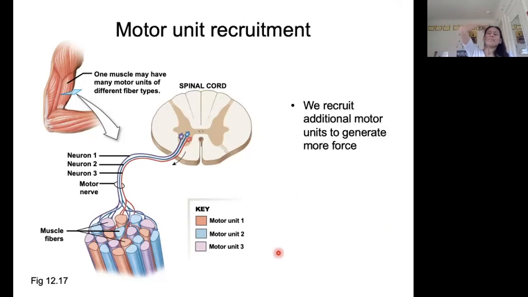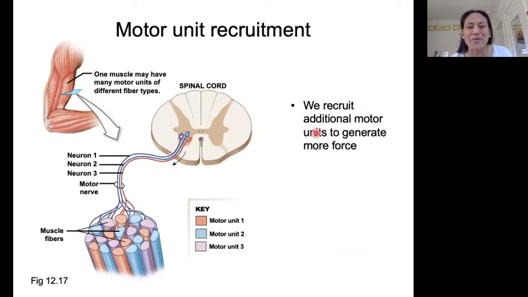Okay, but back to this question of the role of motor units in the contraction of a muscle. What I want to say about when we contract a muscle is that we start by recruiting a few motor units, and then we recruit more and more until we achieve whatever it is that we want to achieve.